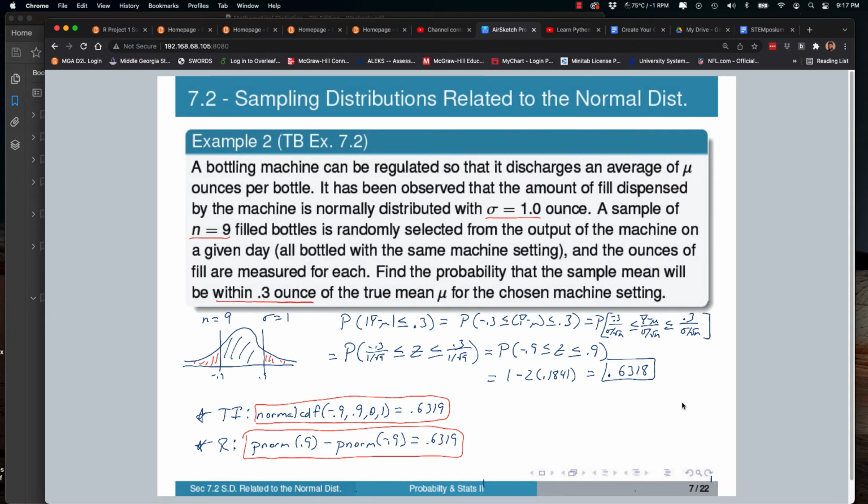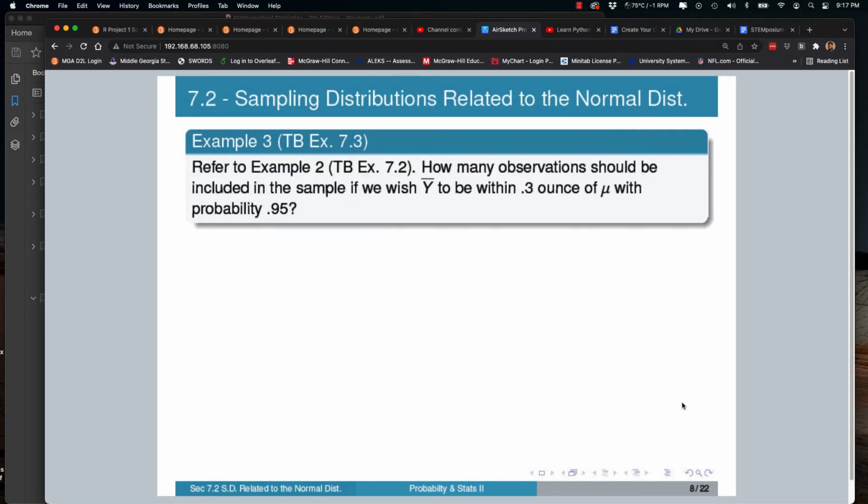So let's do another problem associated with this one, which asks a little bit different question. It says, refer back to example 2. How many observations should be included in the sample if we wish y bar to be within 0.3 ounces of mu with probability of 0.95? Now they're giving us a probability they want us to be equal to, and it's the same within 0.3.